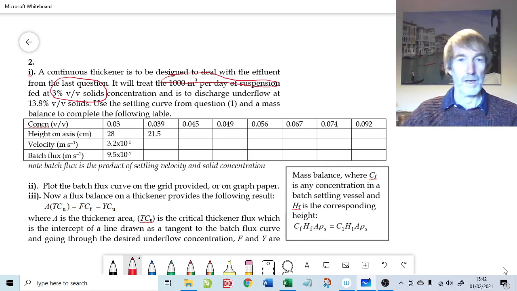Hence we are now designing a continuous thickener to do the job. And one of the elements for the continuous thickener is we have to decide what underflow concentration to use.